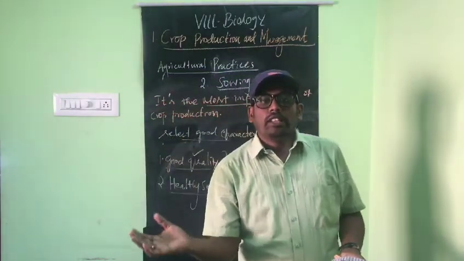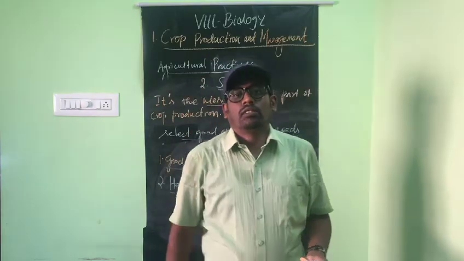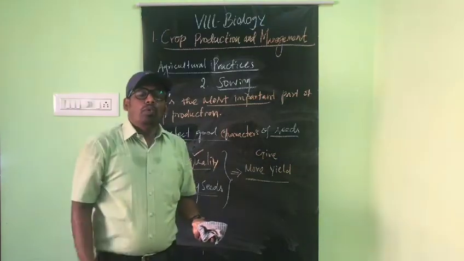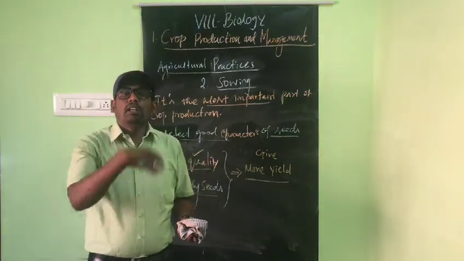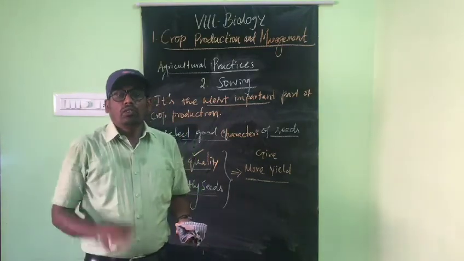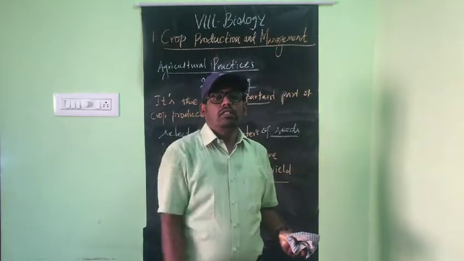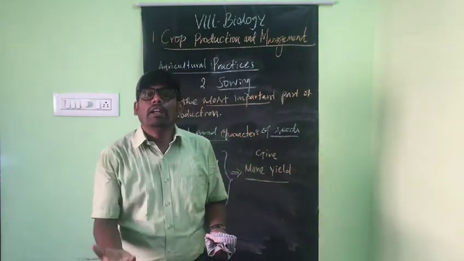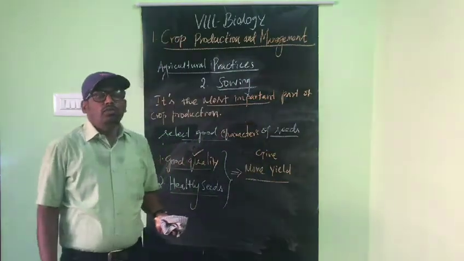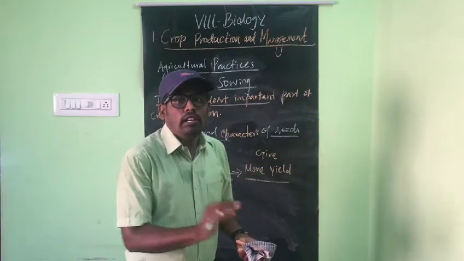Poor quality seeds develop into diseased crops or diseased plants. The diseased plant will also produce diseased seeds, which will transfer to the next generation. So finally there will be no yield.